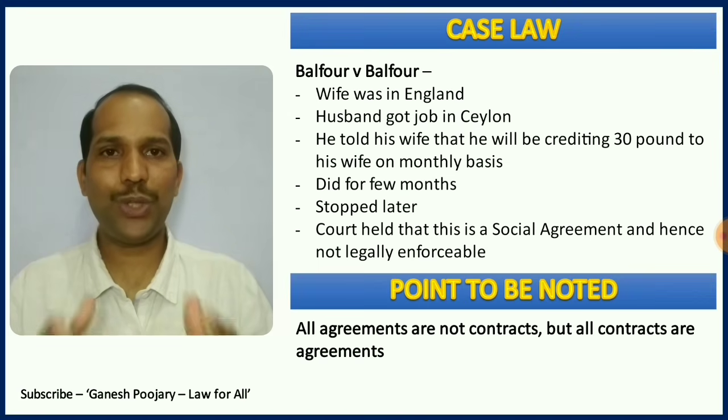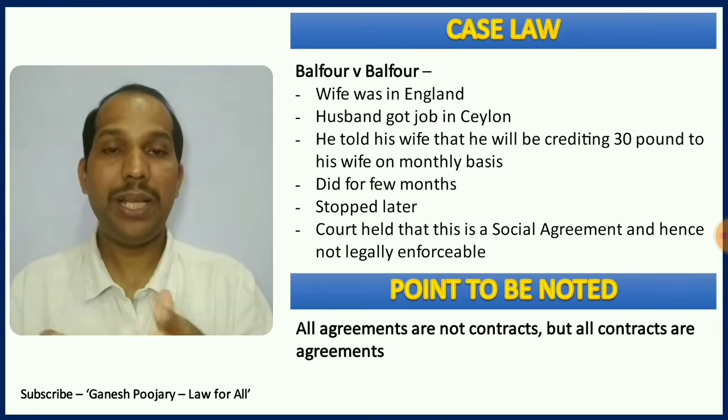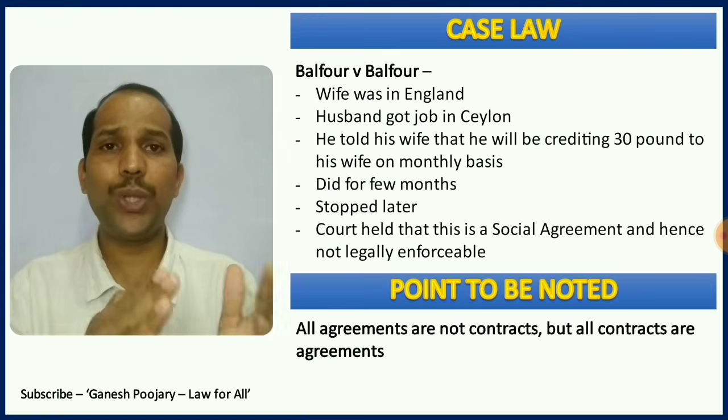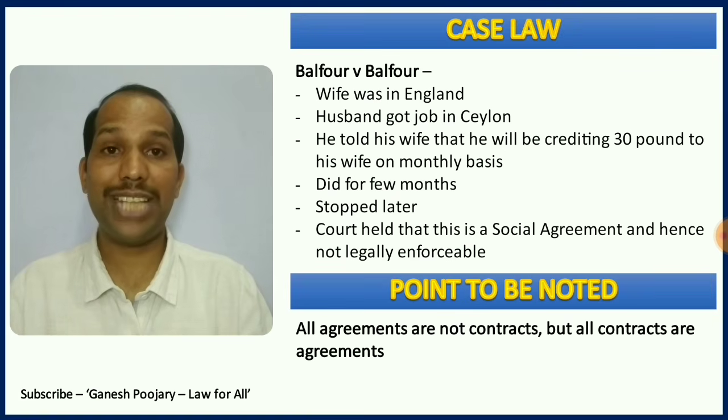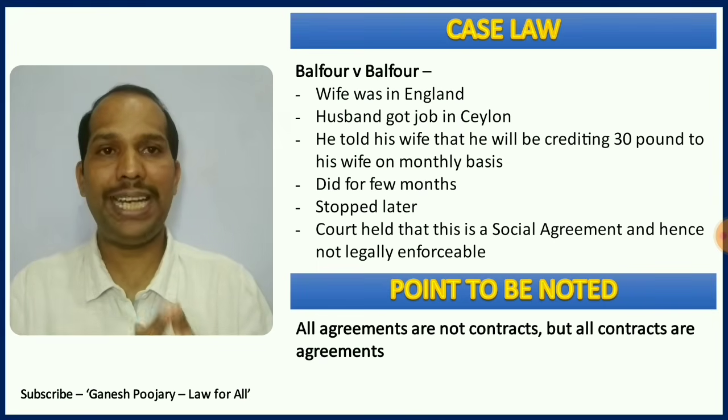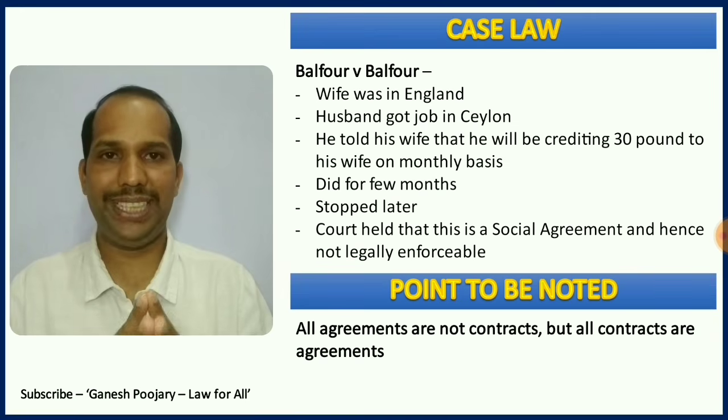Now, his wife goes to court and puts a case against him, and it was held in this case that this is a social agreement and hence it is not legally enforceable. The agreement between husband and wife, blood relatives, or with those people with whom you have natural love, care and affection, are social agreements and not legally enforceable, which is what was held in the Balfour versus Balfour case.